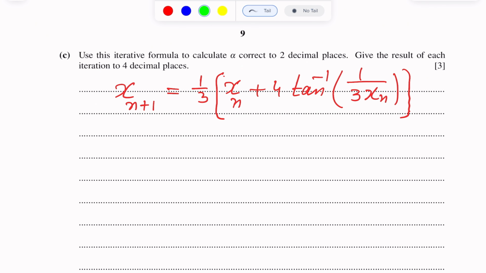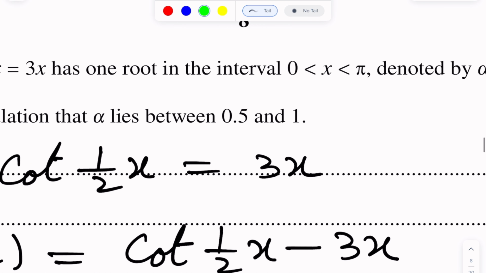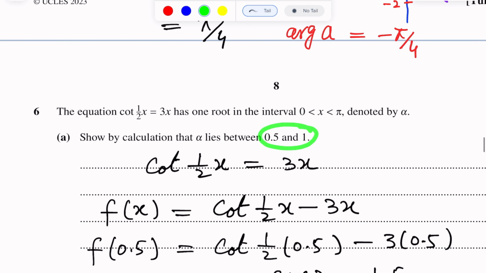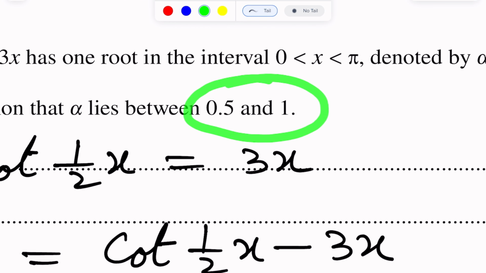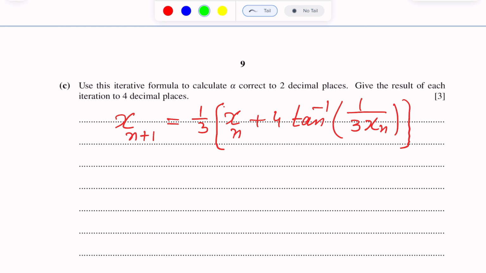The starting iteration is not given, so we can assume the alpha lies between 0.5 and 1, so we can take a suitable value between 0.5 and 1. The suitable value is the mean value of 0.5 and 1. Adding both and dividing by 2, we get the mean value.